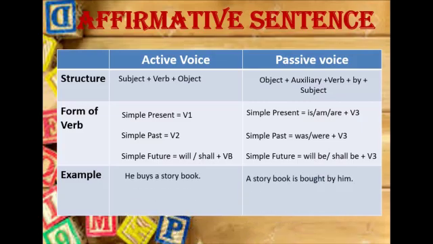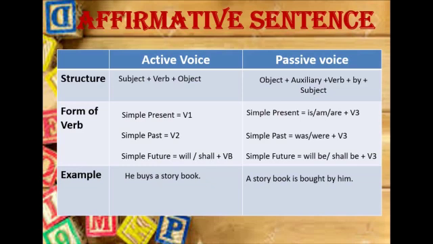Let's see some examples. This is the example of simple present tense. He buys a storybook. So he is the subject, buys is the first form of verb, and a storybook is the object. First of all, we'll just change the places of object and subject. Object will come at the start, a storybook, and subject will go at the end, and we have to put by as well before this.